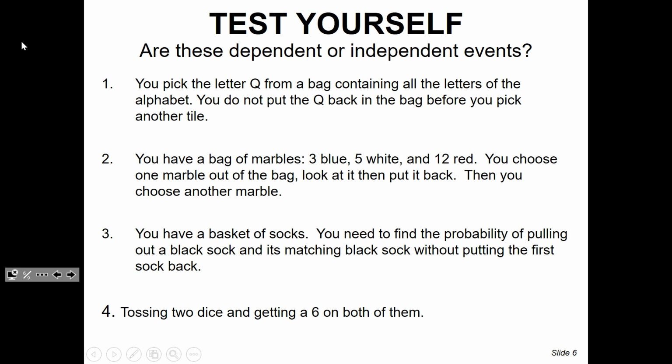Okay. So do we think that event 1 is independent or dependent? Dependent. Good. All right, what about event 2? Independent. Event 3? And event 4.